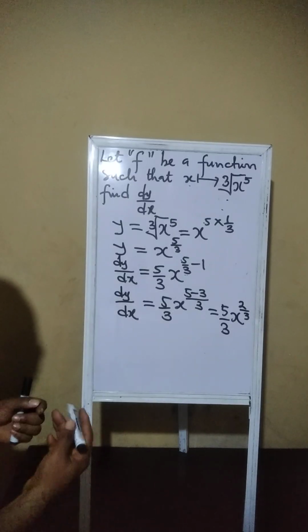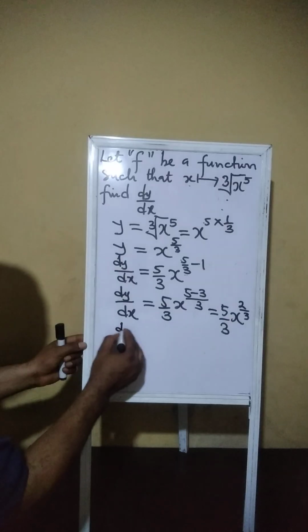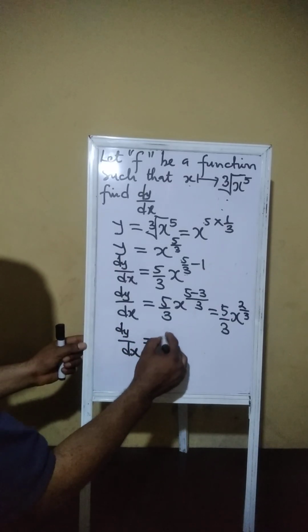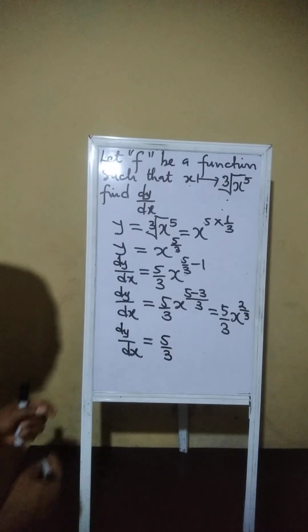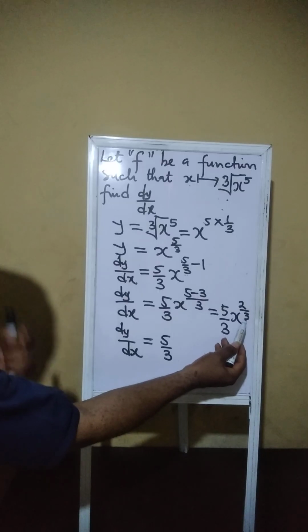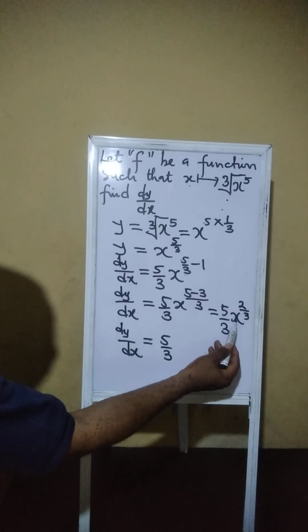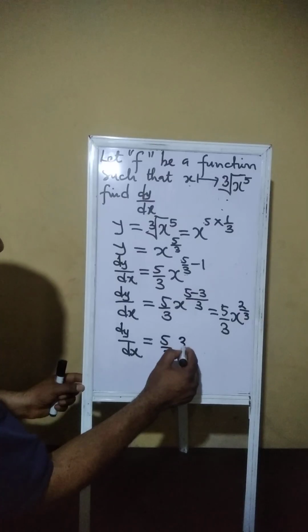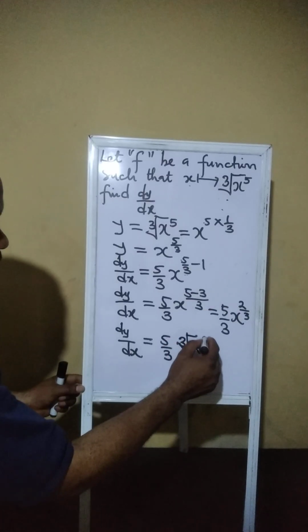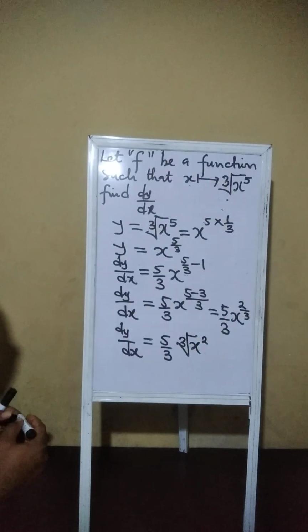I would have stopped here as the final answer. But in another shape, we can say that dy all over dx is equal to 5 over 3. Now, how do we describe this? This is a denominator, right? Since it's 3, we call it cube root of x. And how do we write it? Cube root of x, then raised to the power of 2. Now, can you observe this?